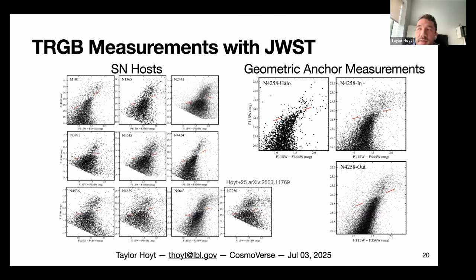The dispersion about the color metallicity relation is 3 to 400ths of a magnitude, which is about 2% in distance. It's a very tight relation to calibrate out the metallicity dependence.